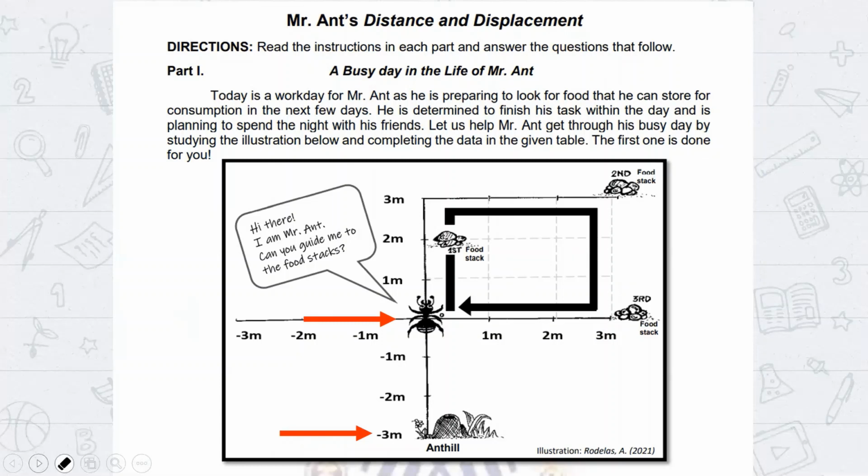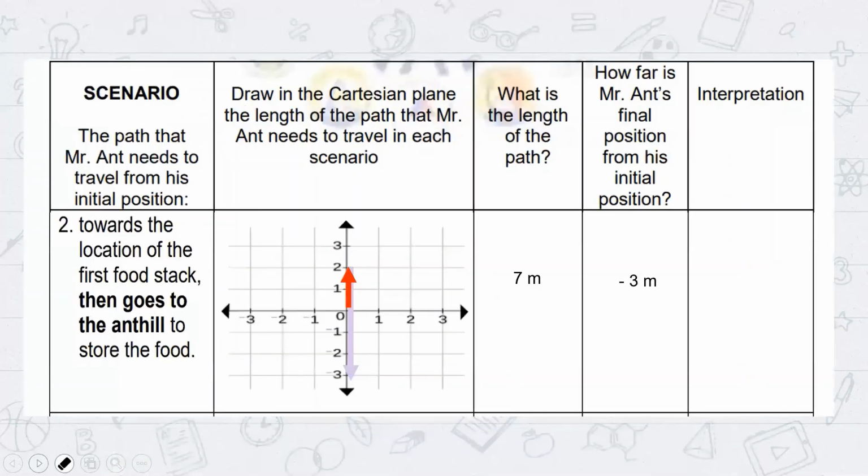Looking at the diagram, we can see it is negative 3 meters, so we write that on the 4th column. Lastly, how do we interpret this data? Mr. Ant moves 3 meters south from his initial position. Yay! Were you able to follow?